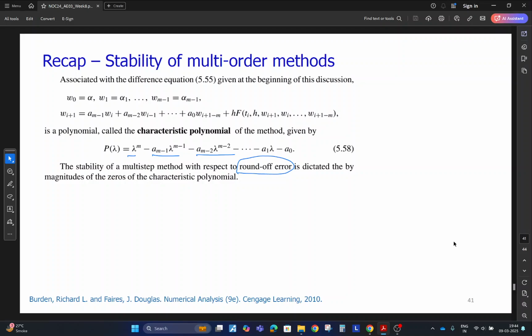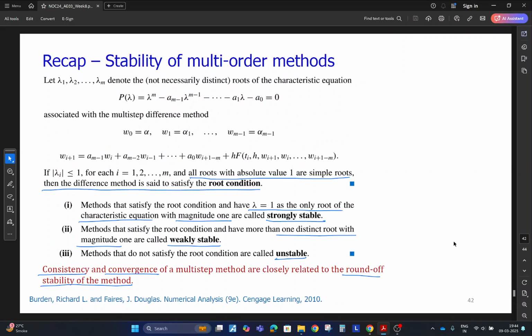The stability of a multi-step method with respect to the round-off errors is dictated by the magnitude of the zeros of this characteristic polynomial.